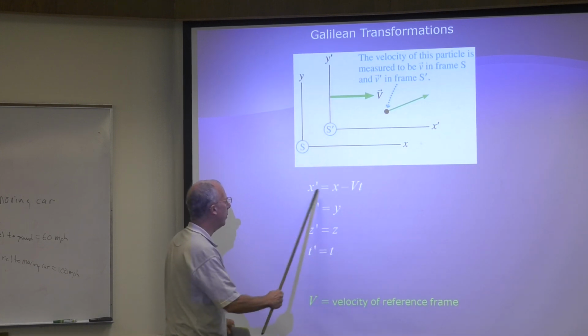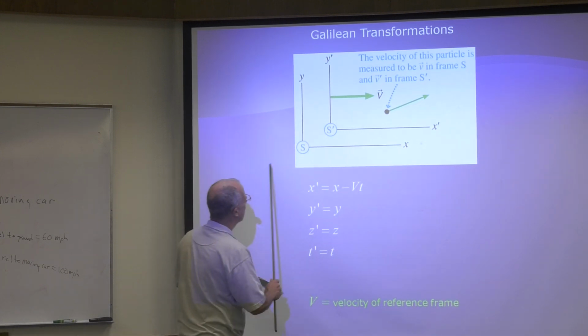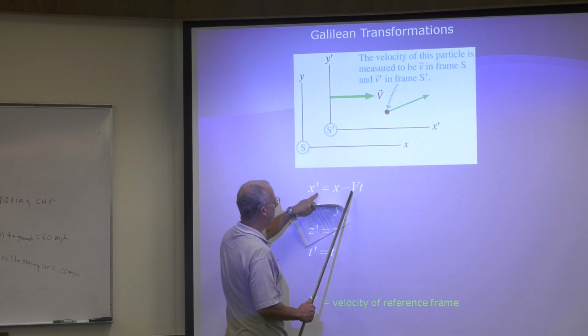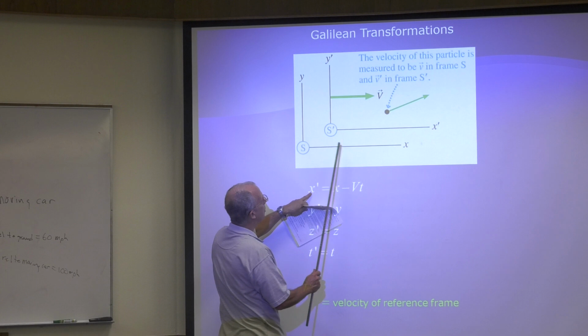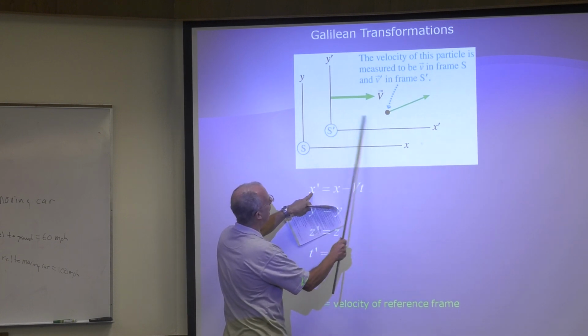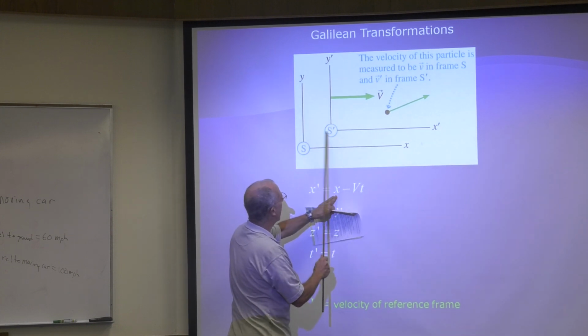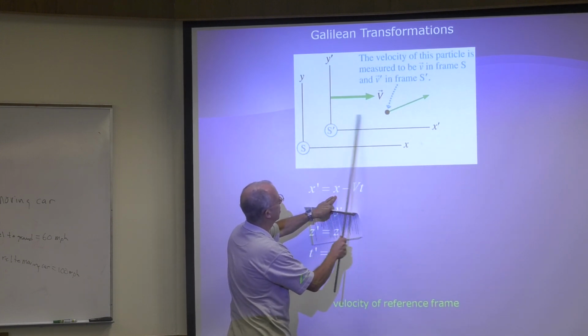That's a clumsy way to write it. Let's just say x prime plus vt equals x. So x prime is this, vt is this, and that's just equal to x, the position in this reference frame.